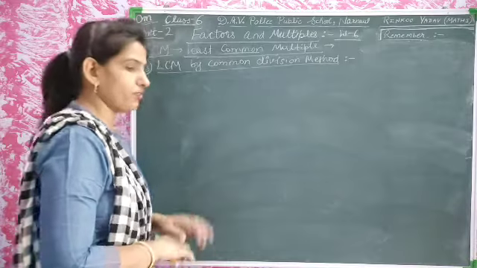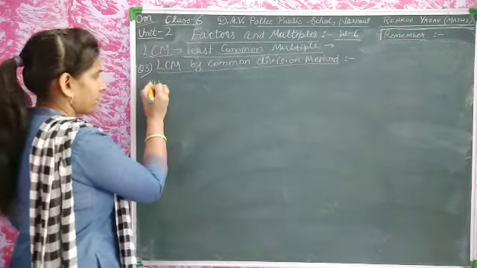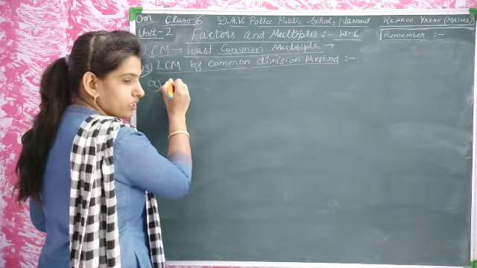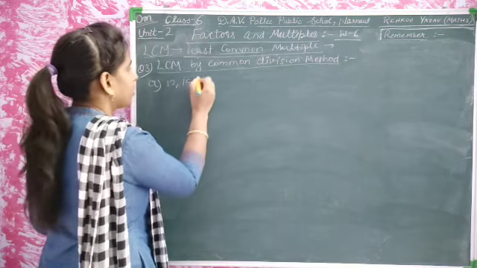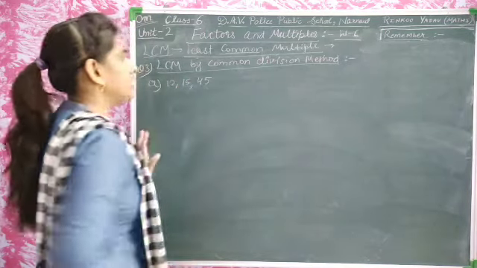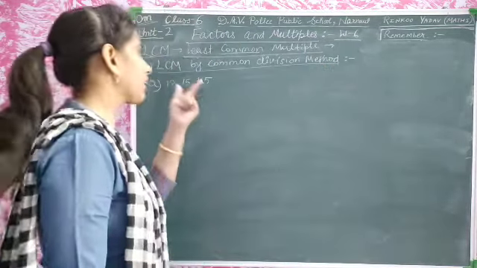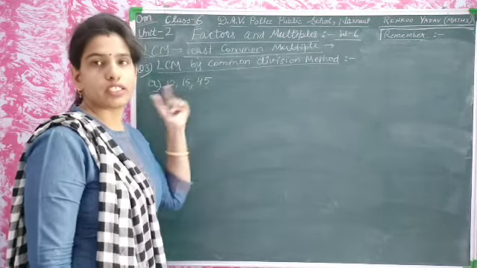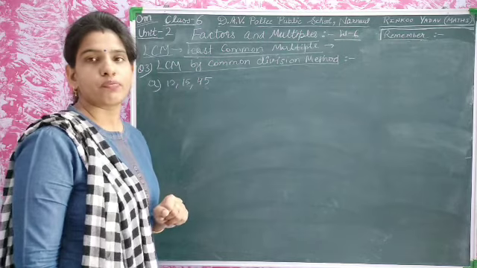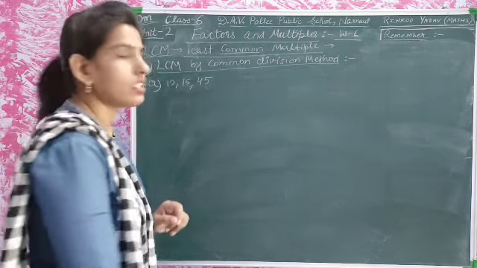There is the first question, part A. In this part A, there are the numbers 12, 15, 45. Students, you know as well, common division method. It means a common number which divides the 3 numbers. Is this clear?